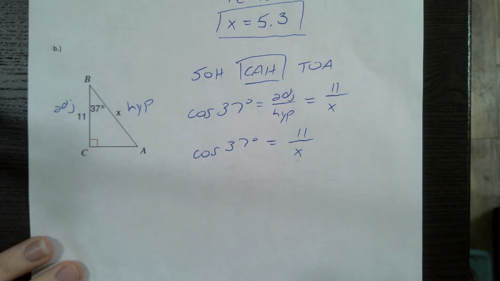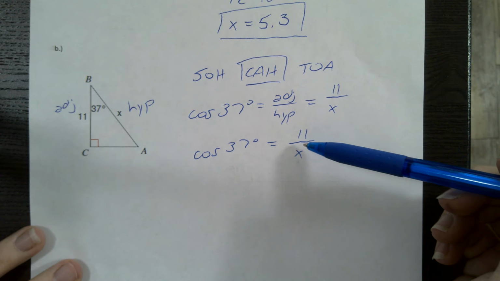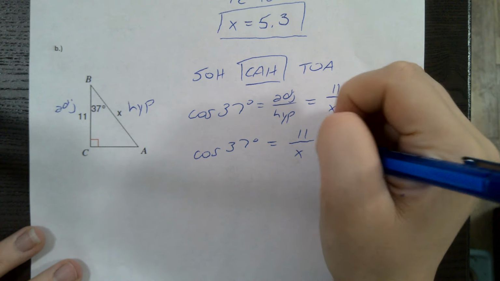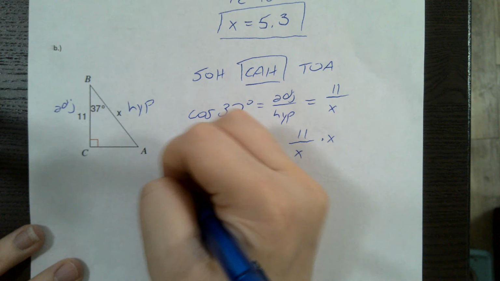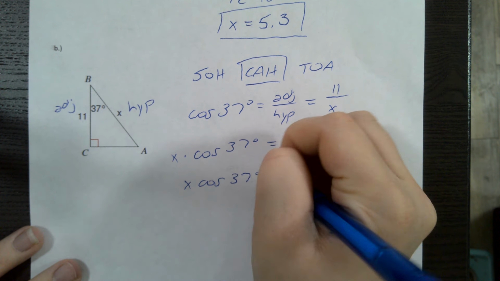So now I'm trying to get my x by itself again. So this one's a little bit trickier. Whenever you have an x on the bottom, something you can do is multiply both sides by x. So let's do that. We get x times cosine of 37 degrees equals 11.